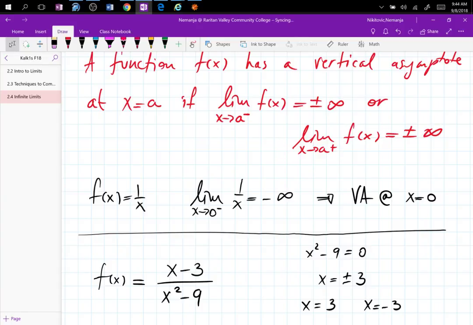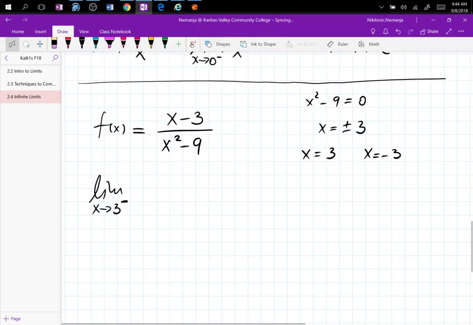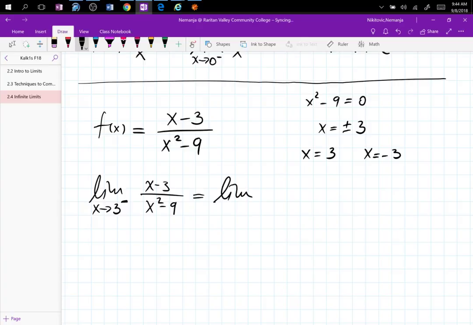So let's put from the left of x minus 3 over x squared minus 9. And the way to solve this, we see that we can factor and cancel. Learned this last class. So I have x minus 3 times x plus 3. And that's 1 over 6.